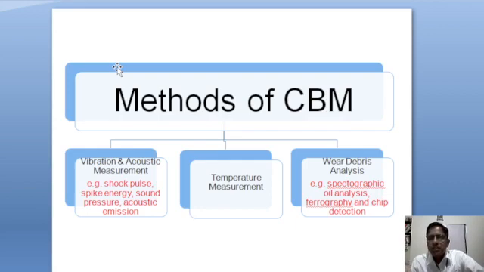Then the third category is wear debris analysis, which includes spectrographic oil analysis, ferrographic analysis, and chip detection. Under wear debris analysis, the worn-out metal parts are microscopically analyzed for their microstructures, and by analyzing the changes in the microstructures of the metal part, we can determine the amount of deterioration in a component.